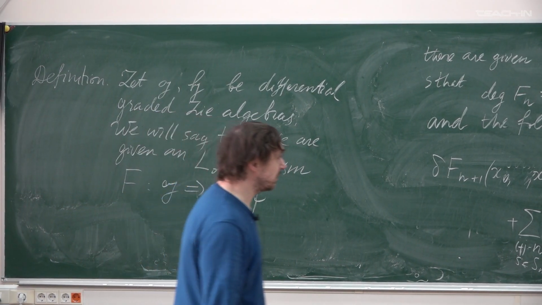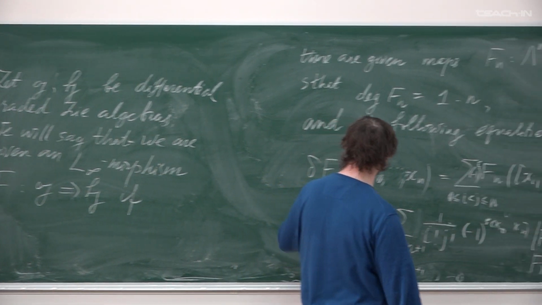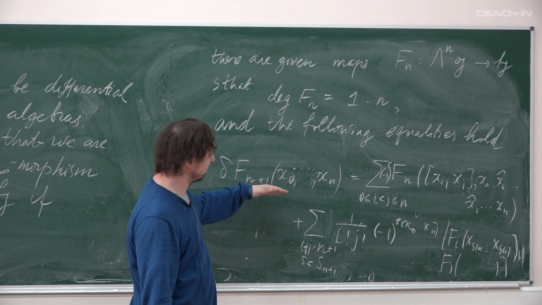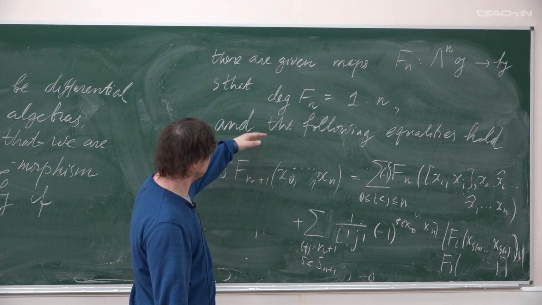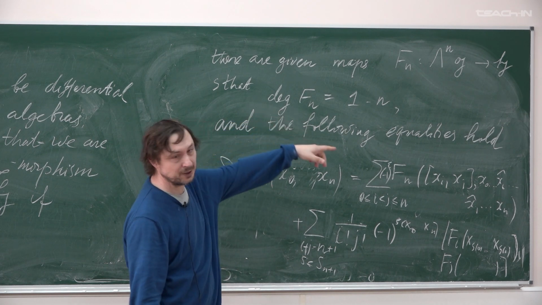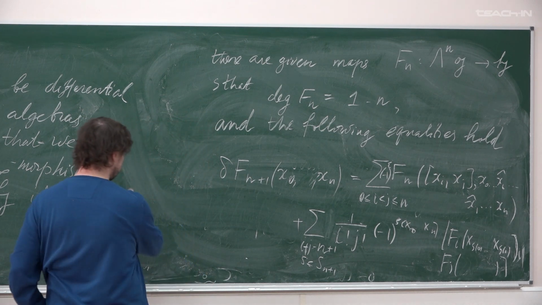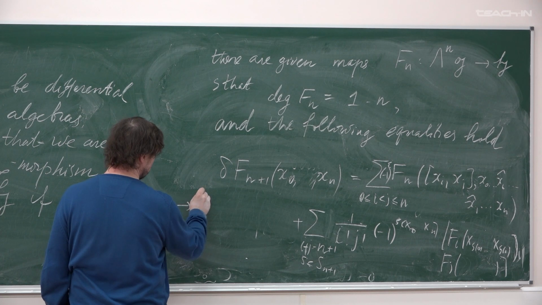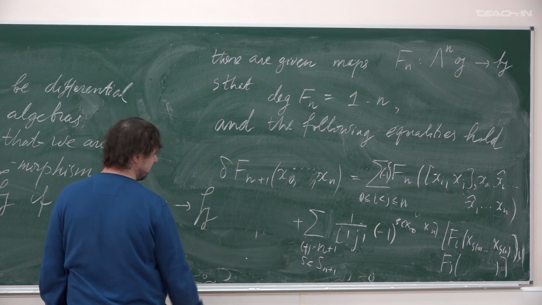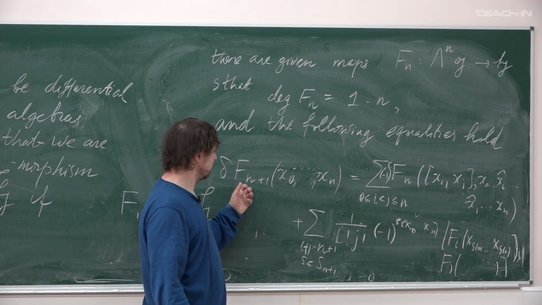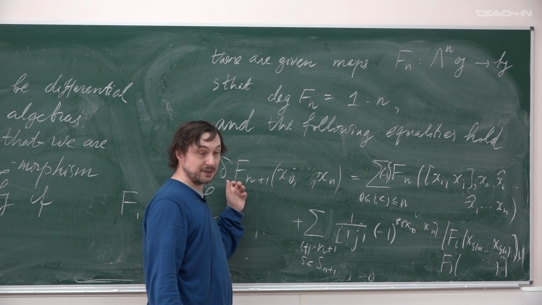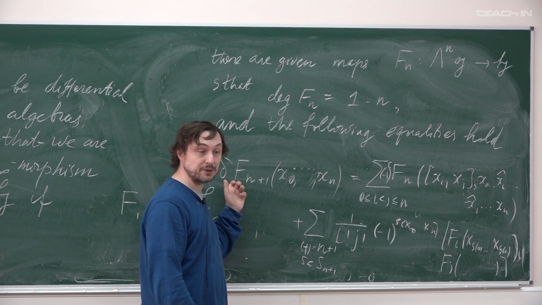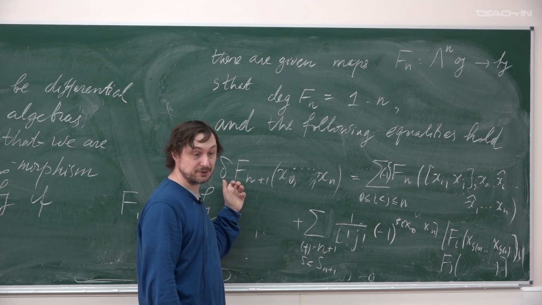But if you look into the first few terms of these equations, the first term will just give you a map F1 from G to H. F1 is just a linear map from G to H. And the equation which it verifies just says that delta of F1 is equal to 0. That is to say, F1 is a map which commutes with the differential. So it's just a chain map.